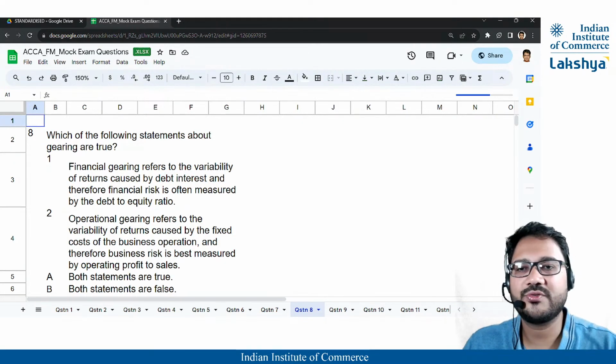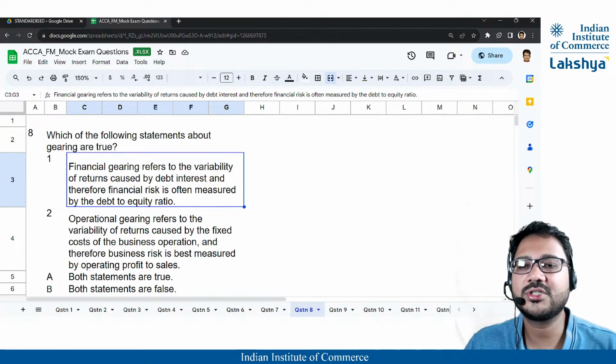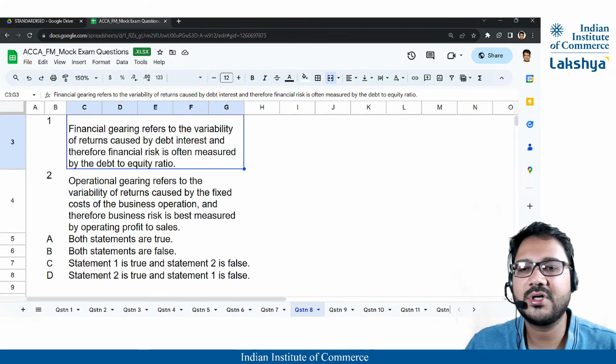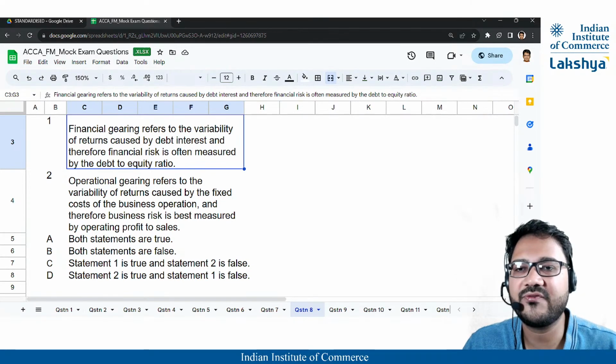All right, only statement 1 is correct. Moving on, which of the following statements about gearing are true? Financial gearing refers to variability of returns caused by debt interest, and therefore financial risk is often measured by the debt to equity ratio.